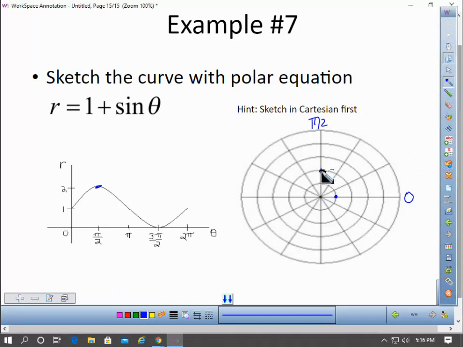There we go, the second ring. All right, for pi, I'm going to come out to the first ring again. So over here on pi, I'm going to graph out to the first ring again. For 3 pi over 2, which is down here at the bottom, I'm going to stay at the pole at 0. And then for 2 pi, I'm at 1 again. So when I come back around to 2 pi, I'm at 1 again on the first ring.